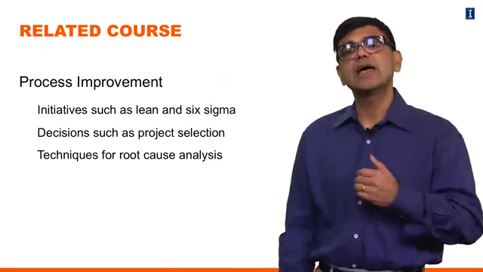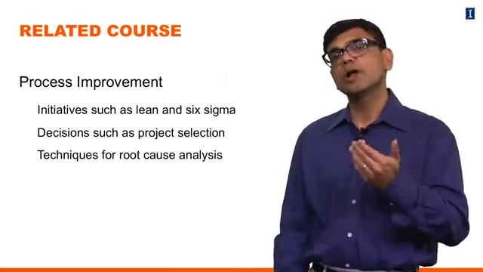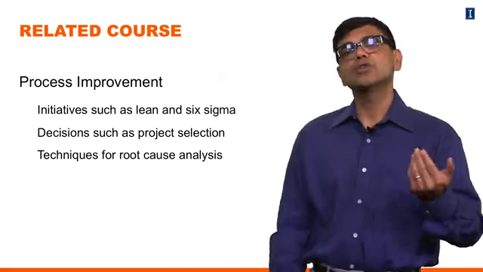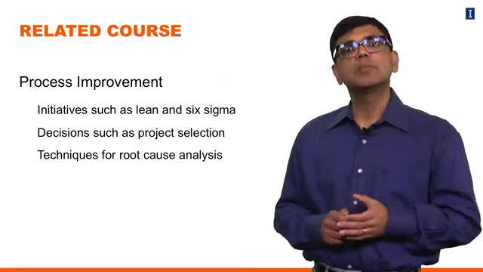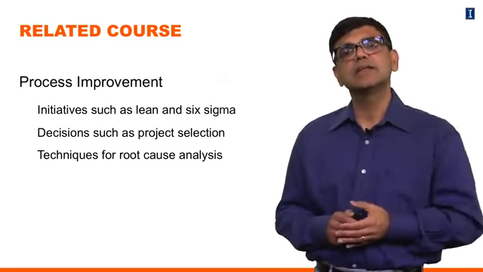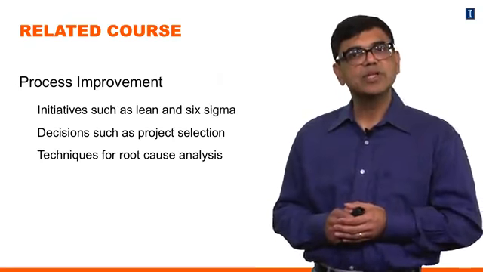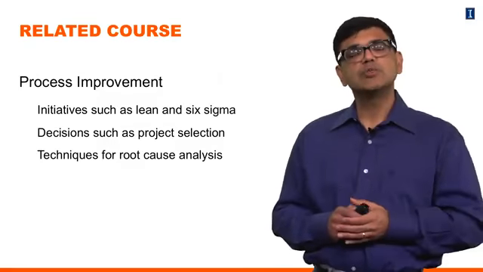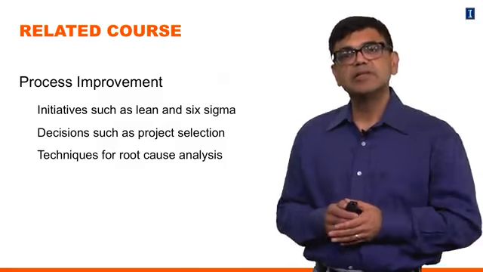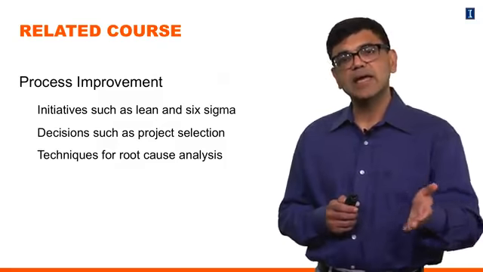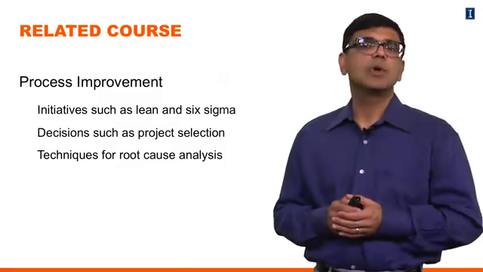So decisions like prioritizing projects or what projects we should be selecting, or how should we be training our people to think about process improvement. So there's a related course that deals directly with these kinds of decisions that you may be interested in, that will take everything that you've learned about in this course and take it further from there from a quality improvement perspective.